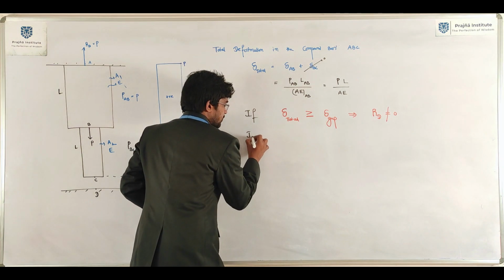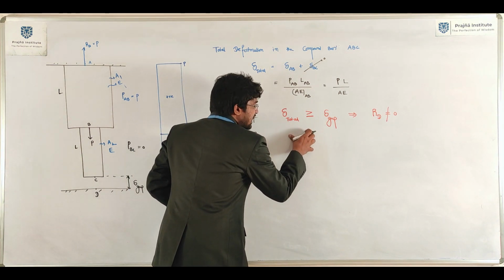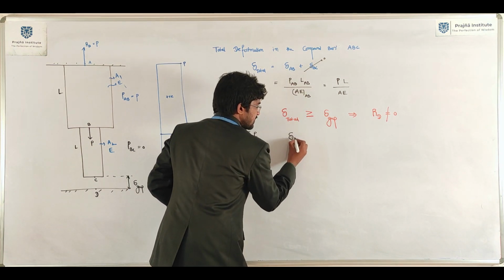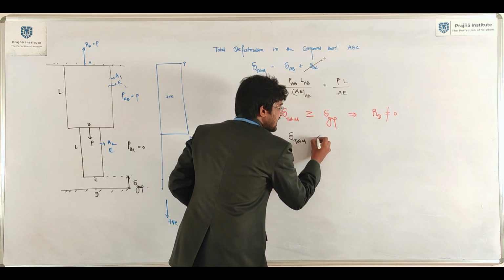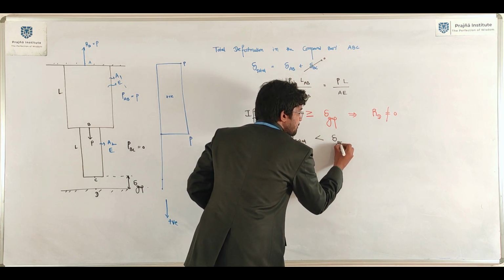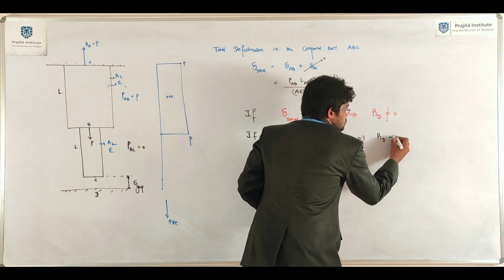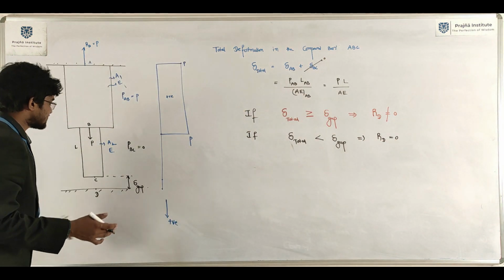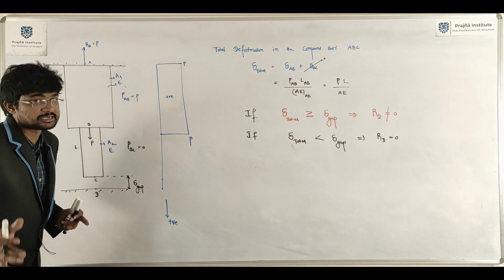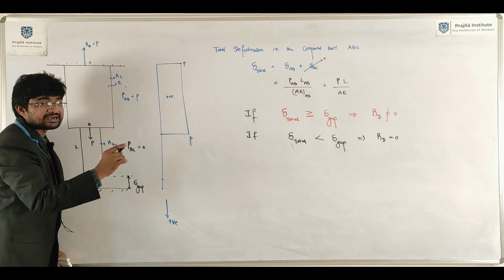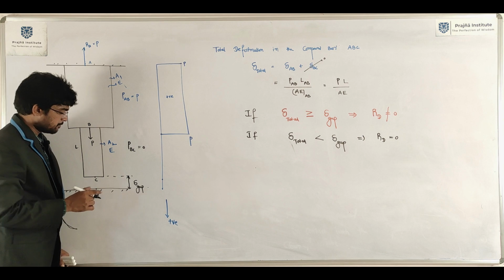Now if delta total is less than delta gap, here RD equals 0. There is no reaction at the fixed support. What is the meaning of the second statement?